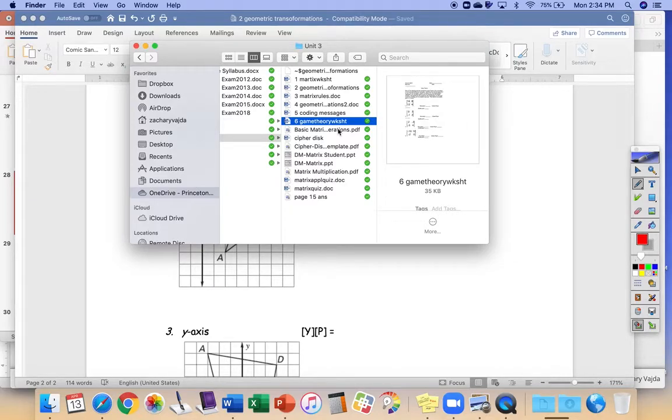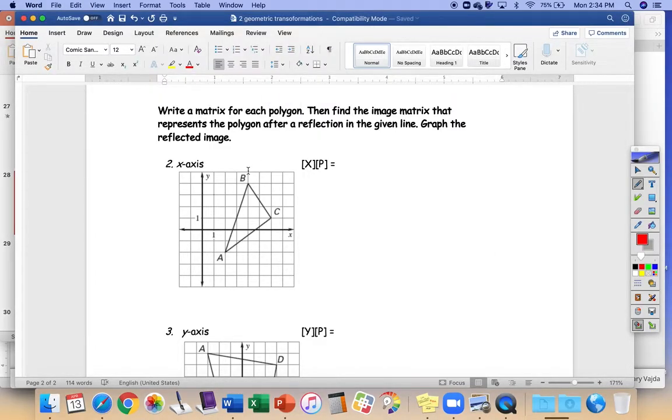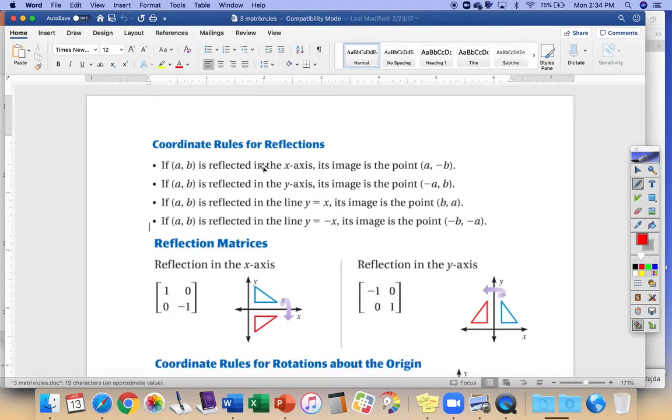Might not have it. Here we go, page 18. This is page 18. This is your reference sheet for these.